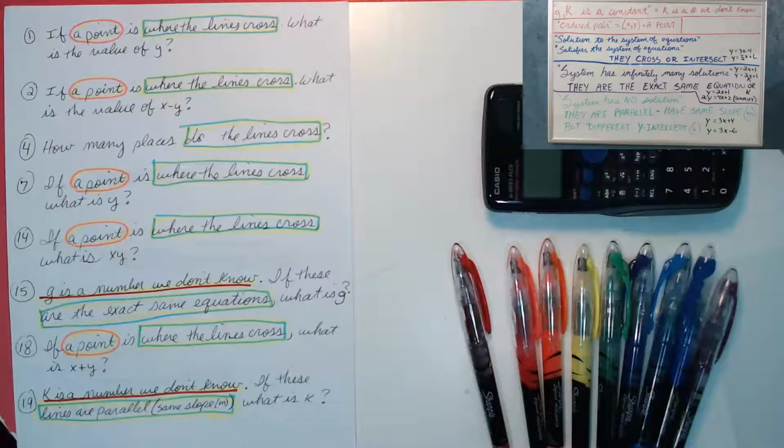In the system of equations above, k is a constant. If the system has no solutions, what is the value of k? 19. K is a number we don't know. If these lines are parallel, same slope, which is m, what is k?